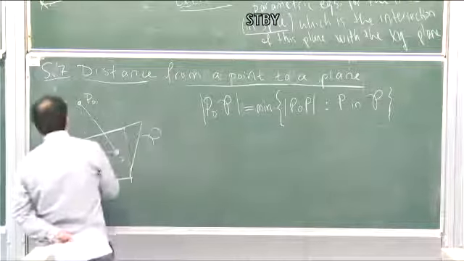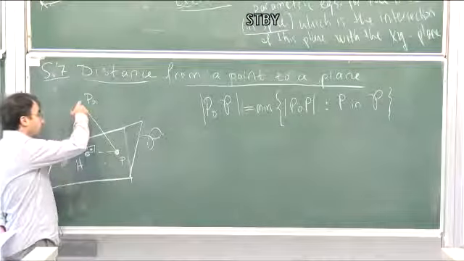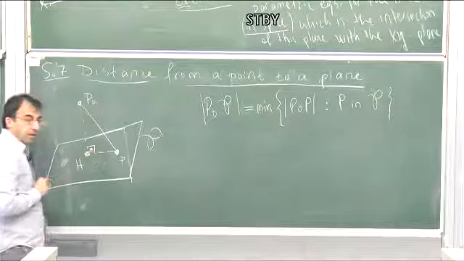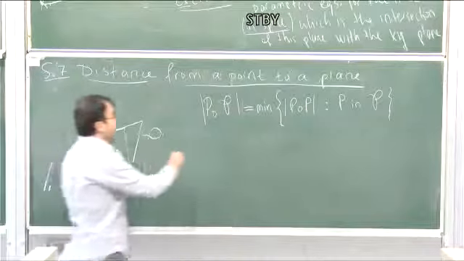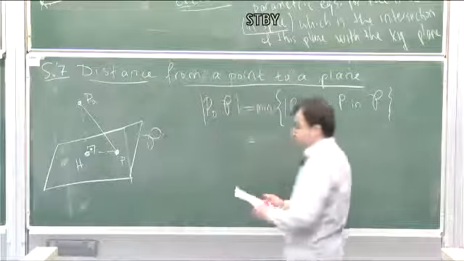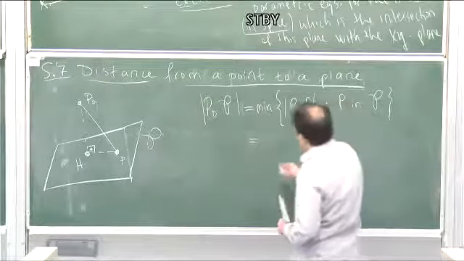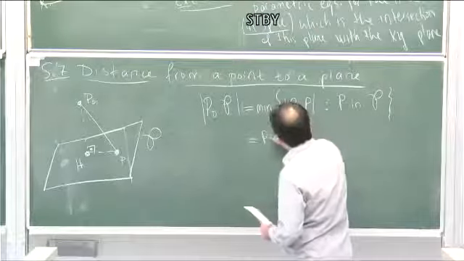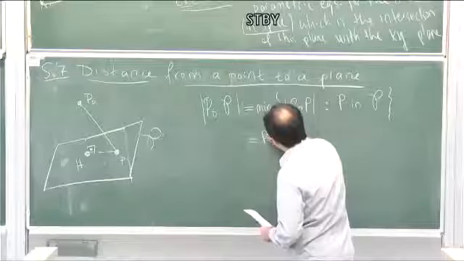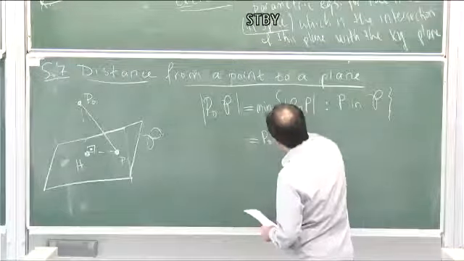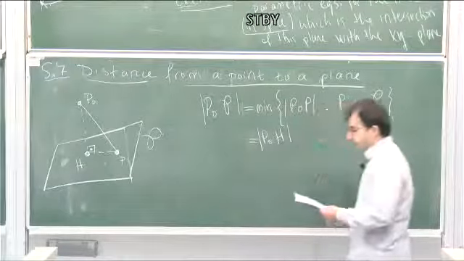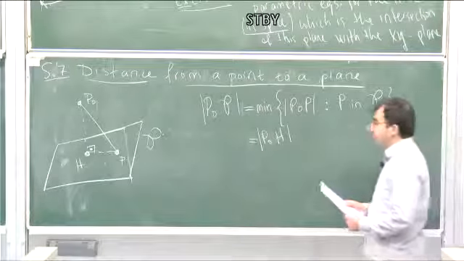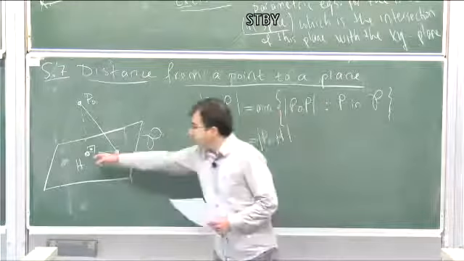Let's call this point H, where the line segment from P0 to H is perpendicular to the plane. So this minimum occurs at P equals H. It should be equal to the distance between P0 and the point H here.